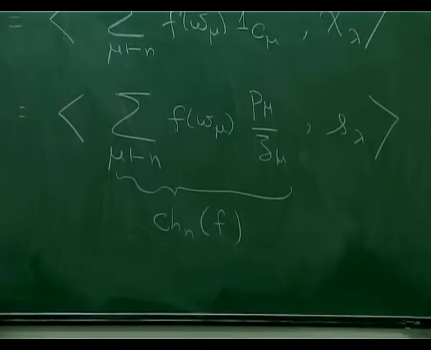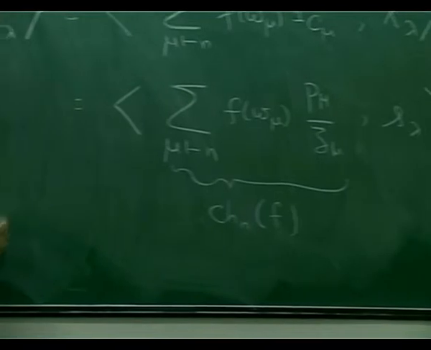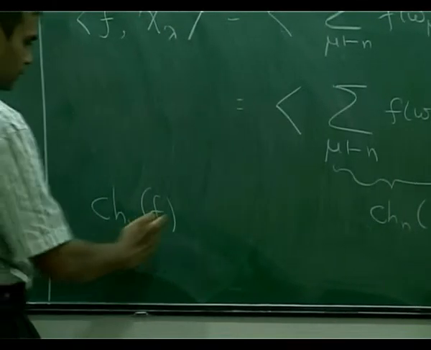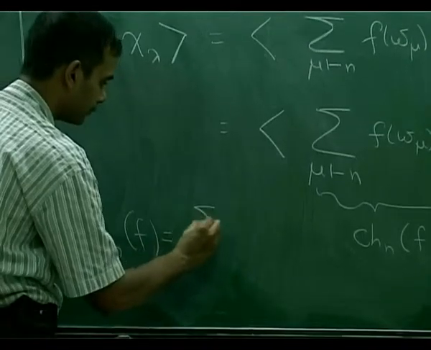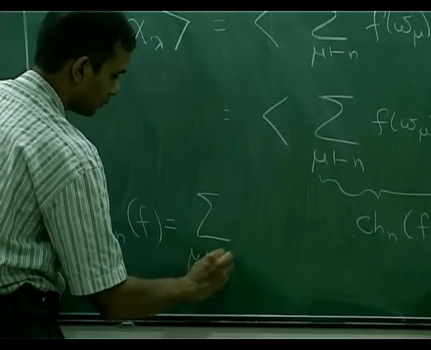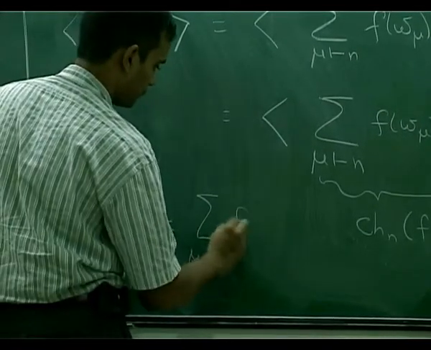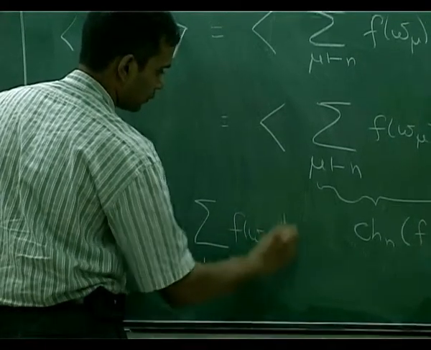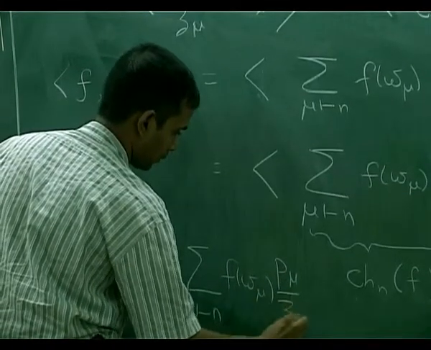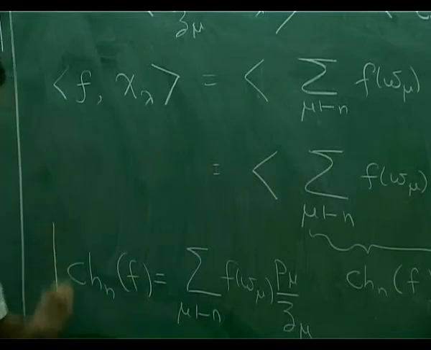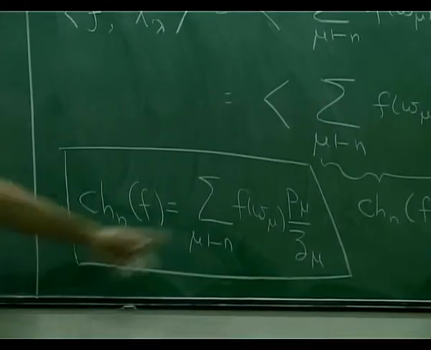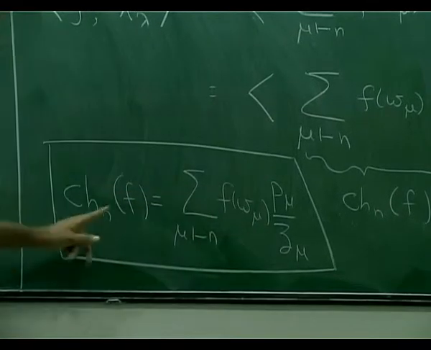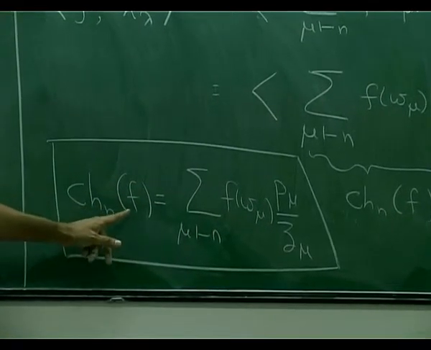The characteristic function of f, which is what Frobenius called the characteristic function, is by definition the sum over all partitions mu of n of f of w mu, p mu by z mu. We assume that f is a class function.